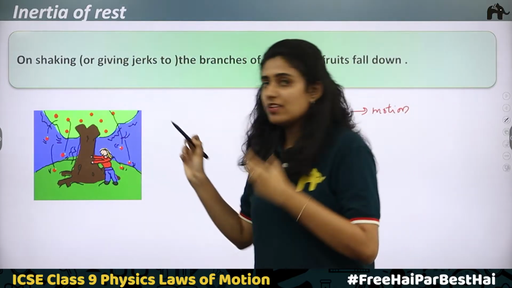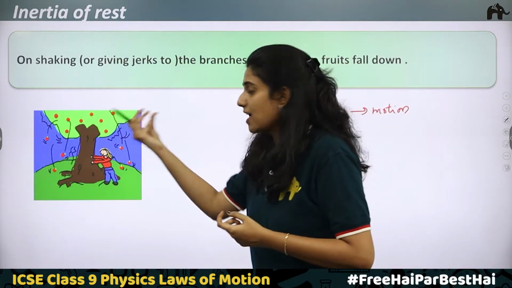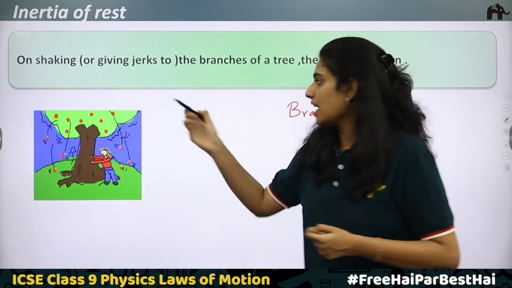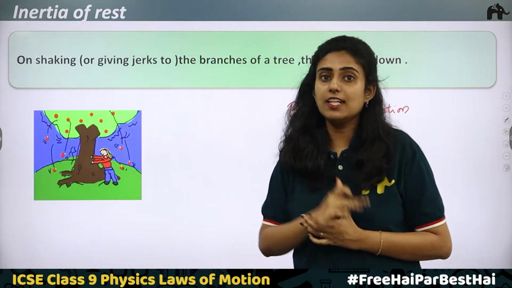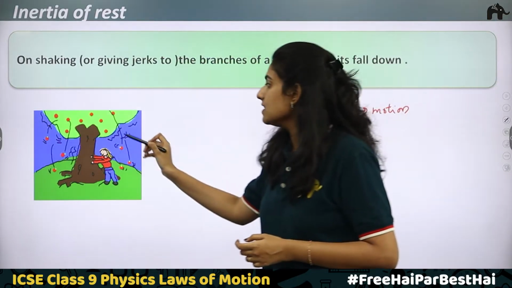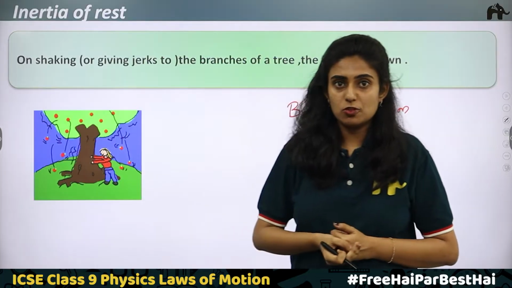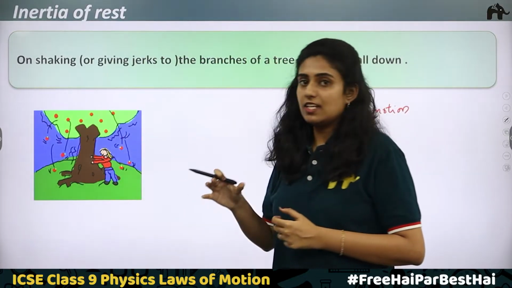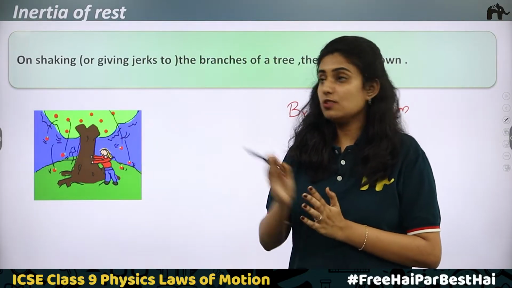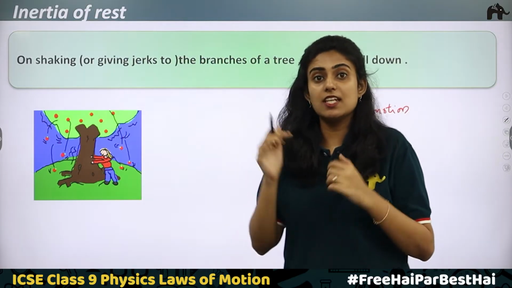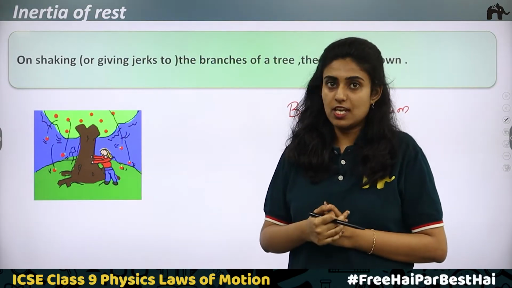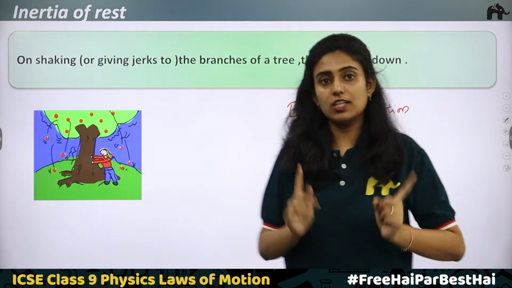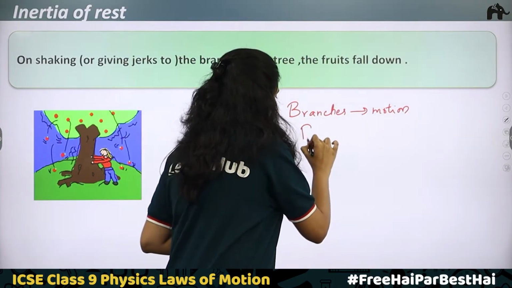The fruit will have a tendency. These fruits are very massive and they are weakly attached to the branches. When the branches are in motion, the fruit will have a tendency to remain in its position, to continue in its state of rest due to inertia of rest. So the fruits will be at rest.